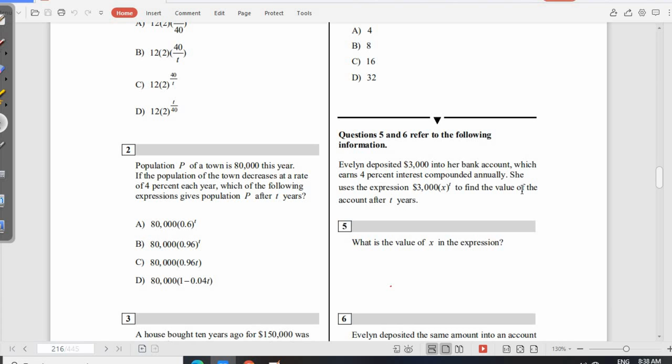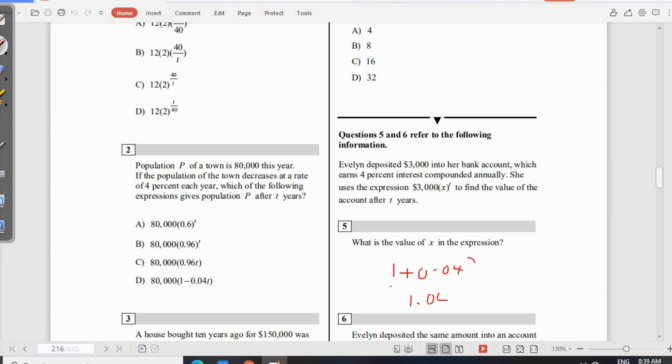So if you're having 4% there, that x represents, since it is growing, 1 plus 0.04 raised to power t. So your x there represents 1 plus 0.04, which is 1.04.